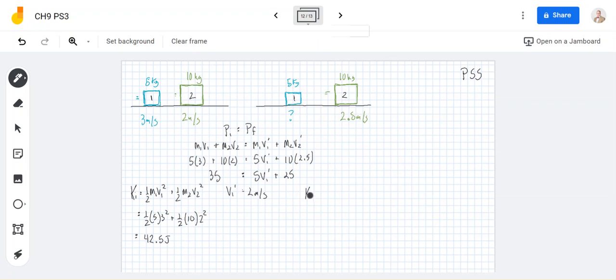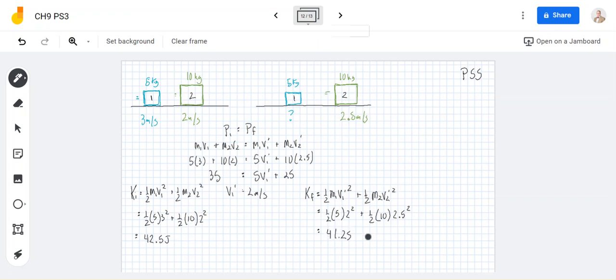The total energy after, the after is 41.25.